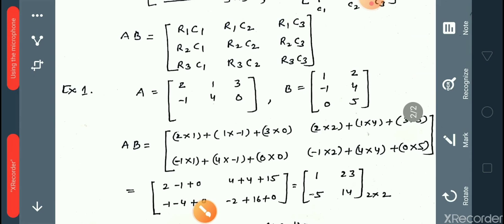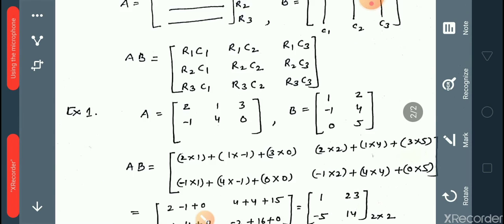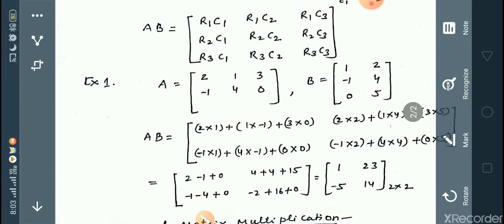Now multiply them. As I told you, we use R1C1. R1 of the first matrix is 2 1 3 and C1 of the second matrix is 1 minus 1 0, so 2 into 1, 1 into minus 1, 3 into 0, all these will be added.